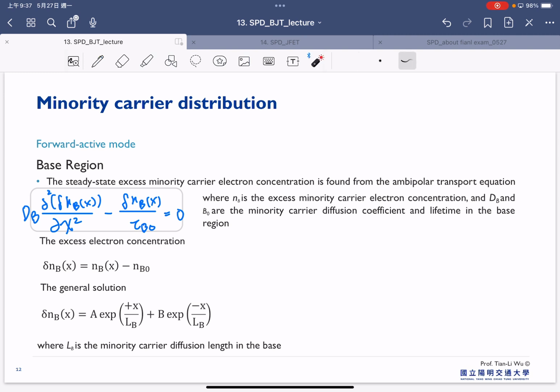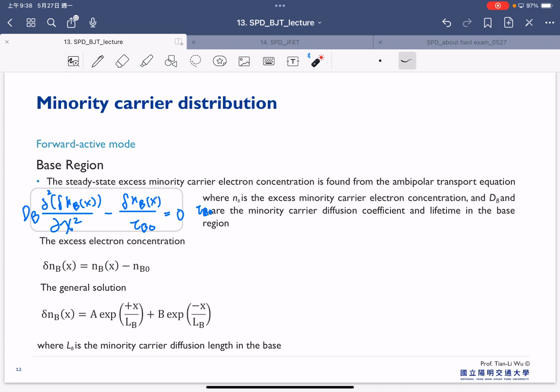In this equation, NB is the excess minority carrier electron concentration, DB is the minority carrier diffusion coefficient, and tau B0 is the lifetime in the base region.